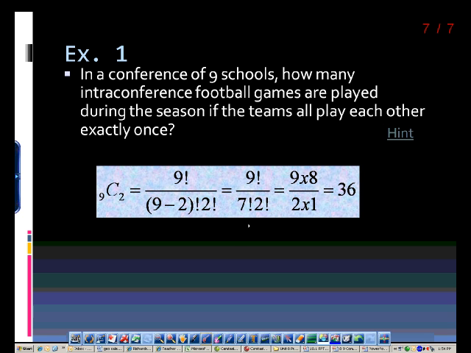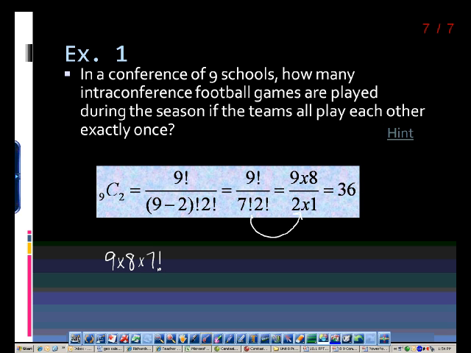Okay? All right. Let's talk about how I get from 9 factorial over 7 factorial times 2 factorial to 9 times 8 over 2 times 1. What have I done? No calculator involved. Canceled out. Okay, so let's think about this. 9 factorial. Would you agree that for 9 factorial I could write 9 times 8 times 7 factorial?